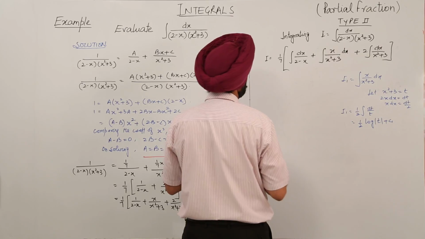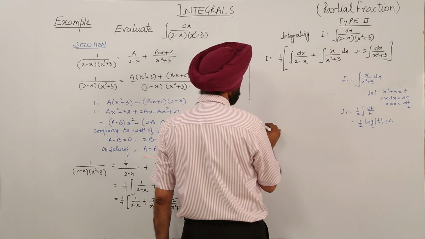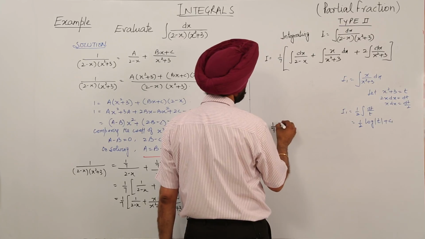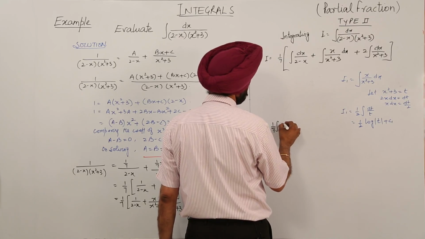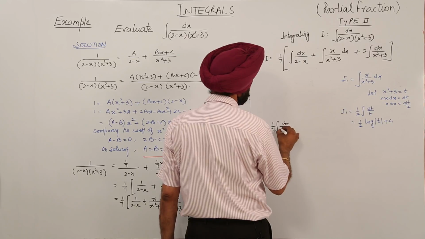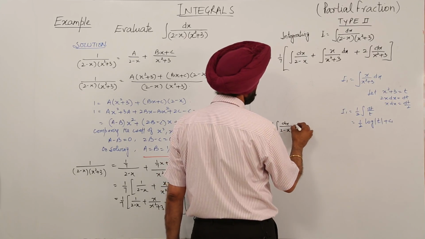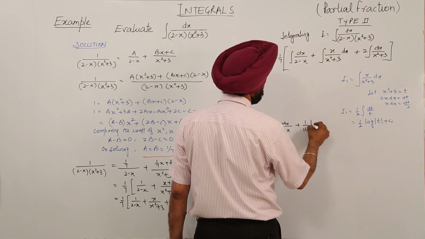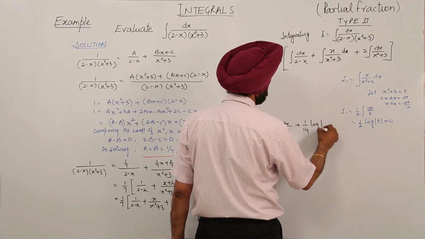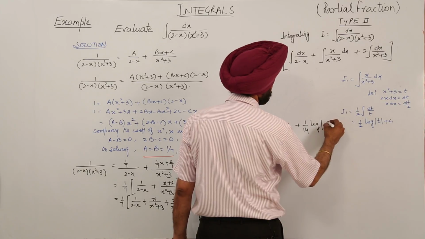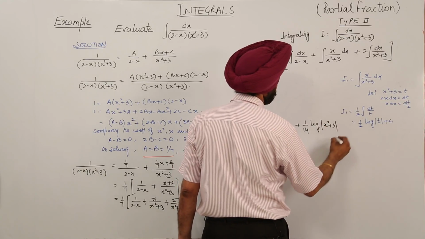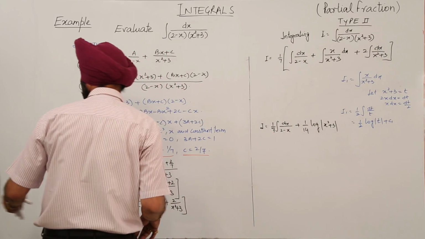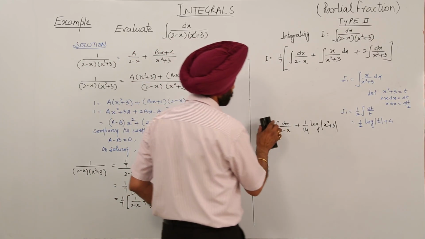Okay. Now, what we are having, integration is equal to 1 by 7 integration of dx upon 2 minus x plus 1 by 14 log of x square plus 3. I am sorry, just writing it once again.